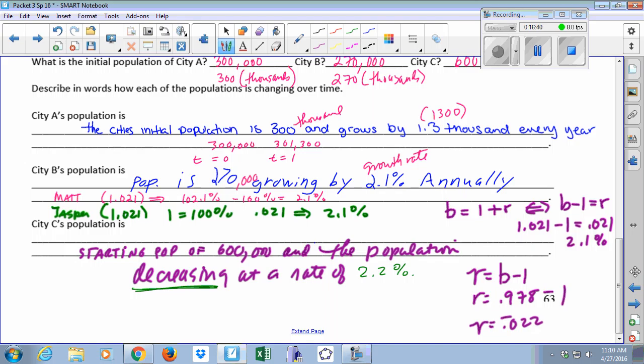If you write out a sentence and interpret it, and you write words like decreasing, declining, then you've already represented that negative sign. So you don't want to put another negative, because that would be like a double negative, which would mean it's growing. So you want to be careful.